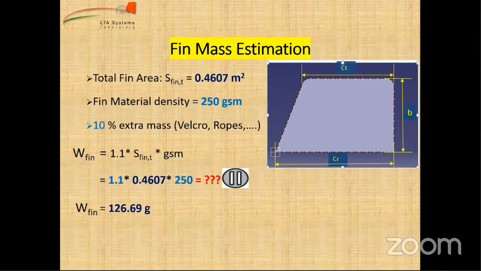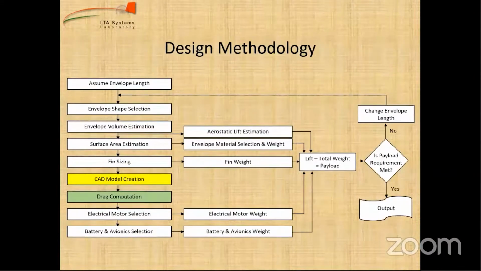Okay. Now to estimate the thrust, to estimate the weight of the motors, we need to know the drag value. Only when we know the drag experienced by this airship can we decide what kind of motors we need for powering it. So this logically takes us to our next section, which is on drag.